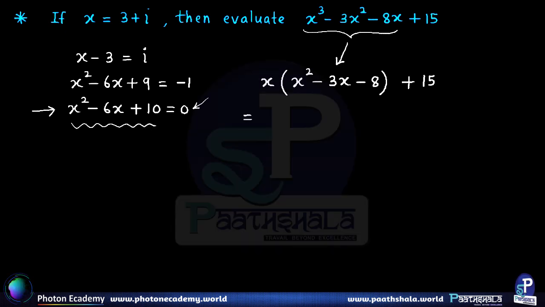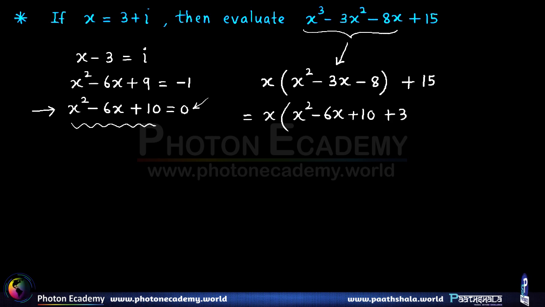So here we have x into, let us write the required expression, x square minus 6x plus 10. This is what we want to adjust. Since we have minus 3x and here we have minus 6x, we must add 3x and then subtract 18 to maintain the balance.